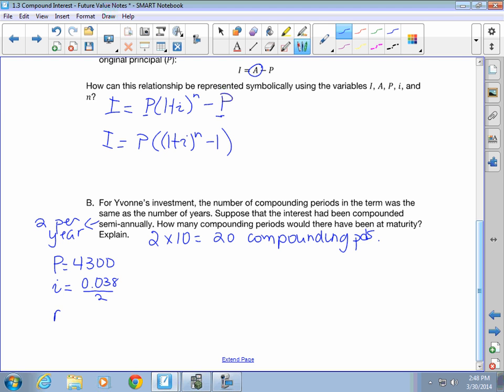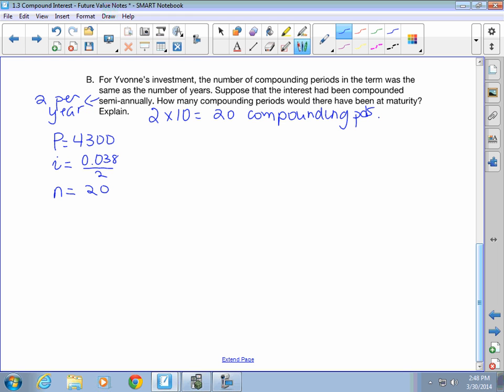And then our n is our number of compounding periods, which we calculated to be 20. So using that formula, A is equal to P times (1 plus i) to the power of n. At the end of 10 years, our 4,300 would be times 1 plus 0.038 divided by 2, and you could just write that as 0.019, to the power of 20.